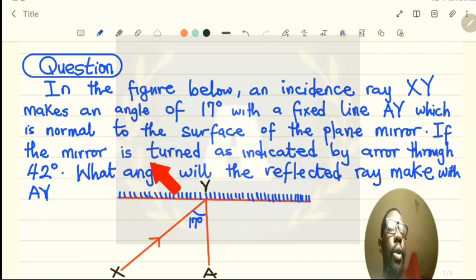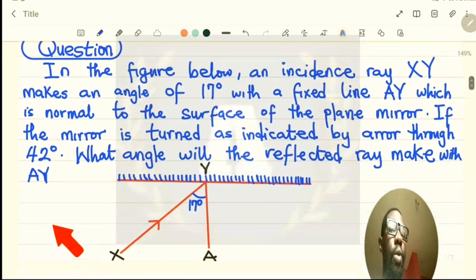If the mirror is turned as indicated by an arrow through 42 degrees, what angle will the reflected ray make with AY?